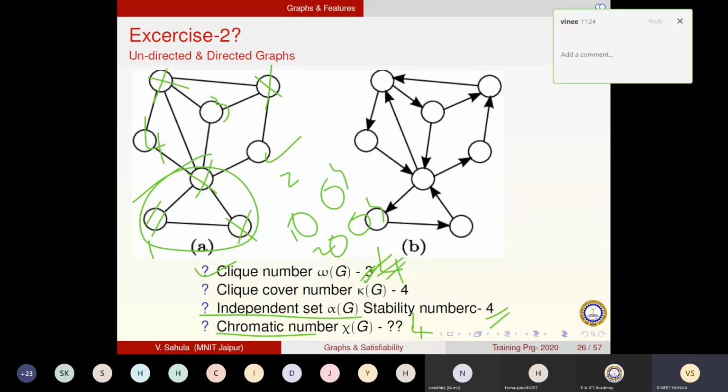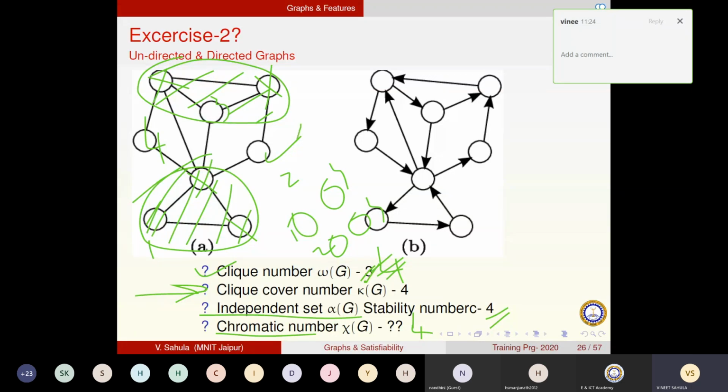The 4th one is if I keep identifying cliques after removing the first one. So apart from this, how many other cliques are there? I'm at this point: clique cover number. So how many cliques are there so that the whole graph is covered? I have covered the 3 vertices at the bottom by 1 clique. I can have another clique here, a second clique, and I have to cover these 2 vertices.